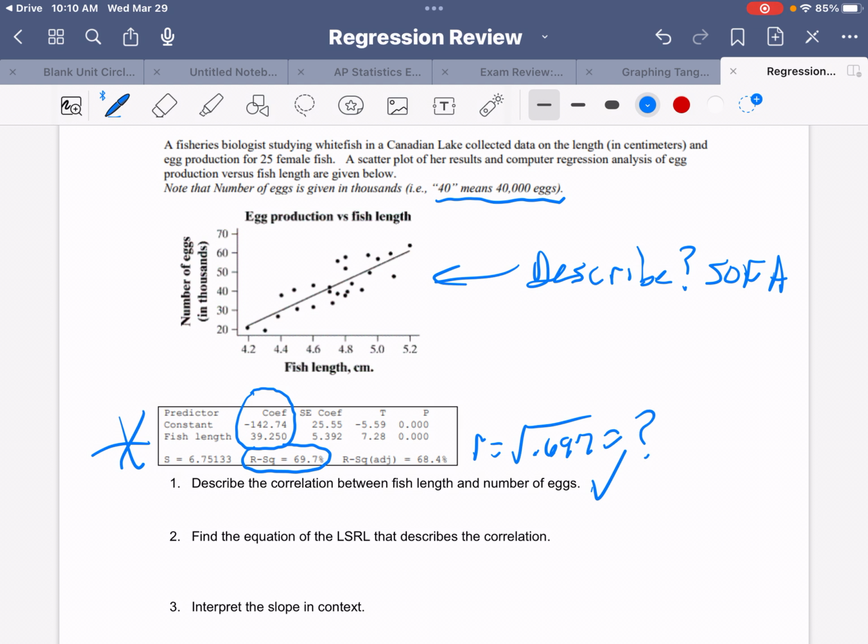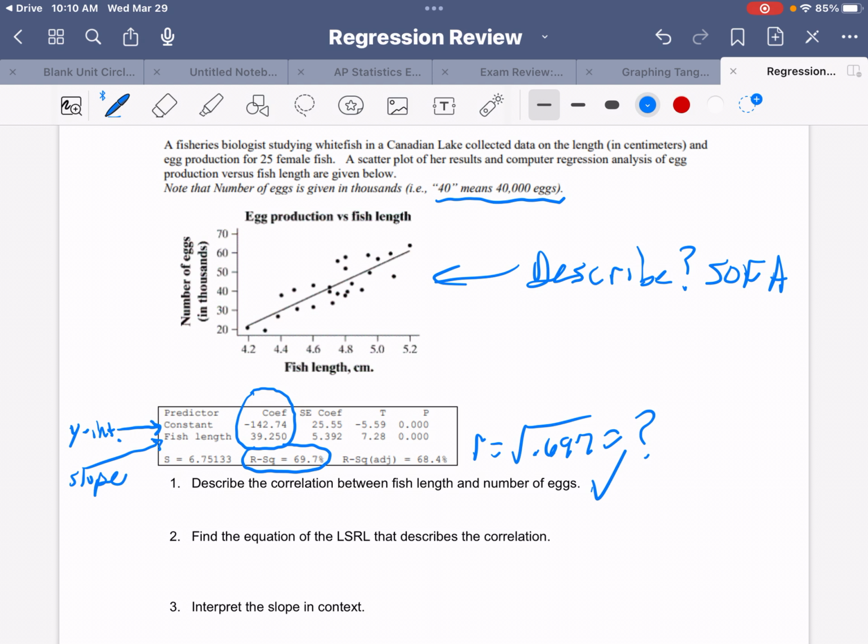We'll see if we need that. Now, when you see that coefficient column, one of those numbers is the slope and the other is the y-intercept. The row referred to as the constant will tell you the y-intercept, and the other row will tell you the slope. So it's just given to us.